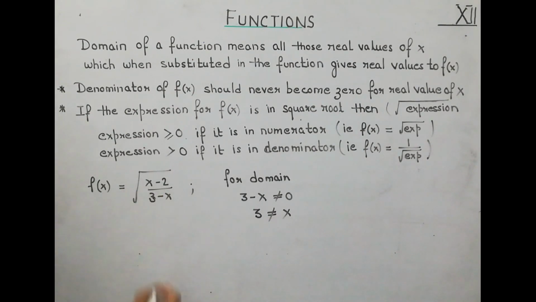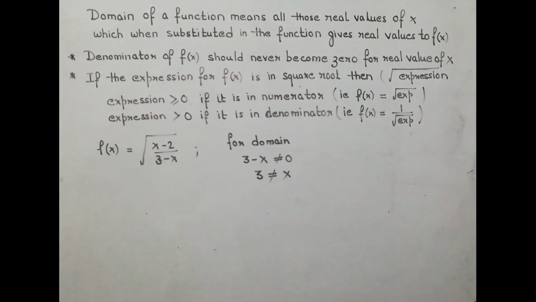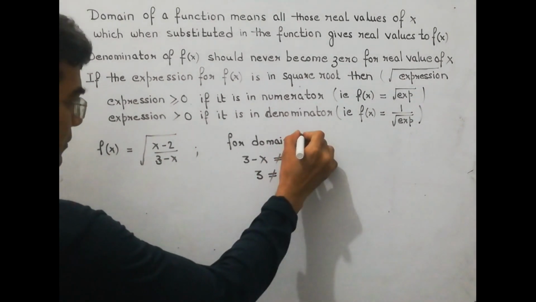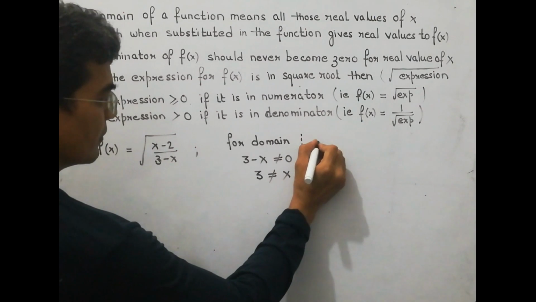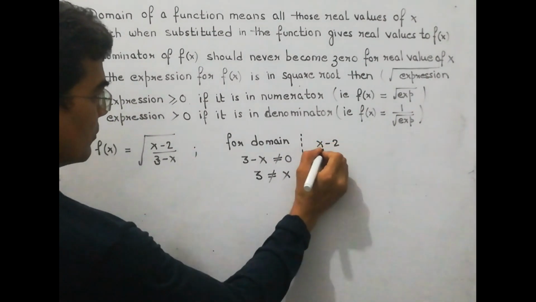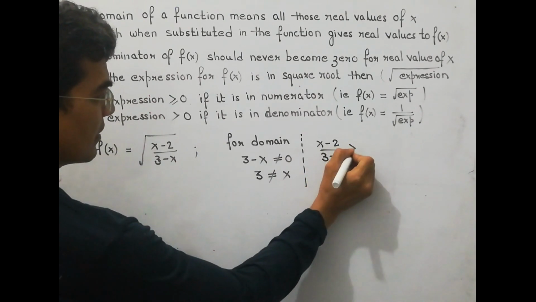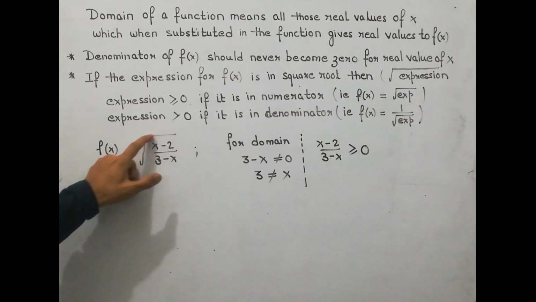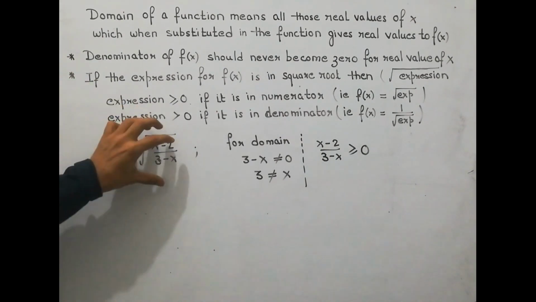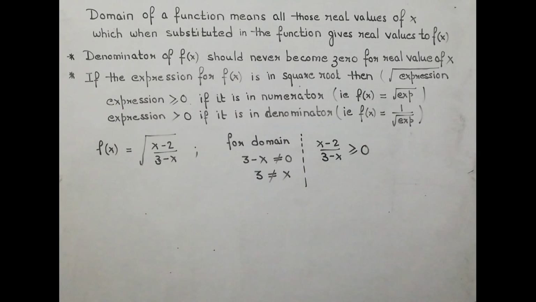So we can write it like this: (x minus 2) upon (3 minus x) is greater than or equal to 0. So this expression within the root, either it whole becomes 0, then also it is defined, or it should be greater than 0. Then also we get the defined value.